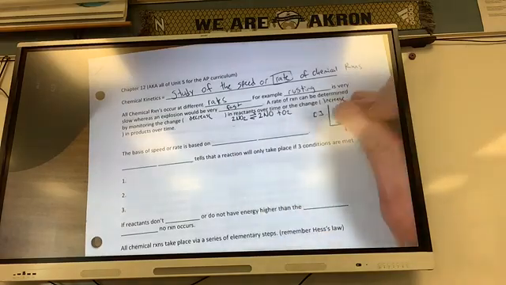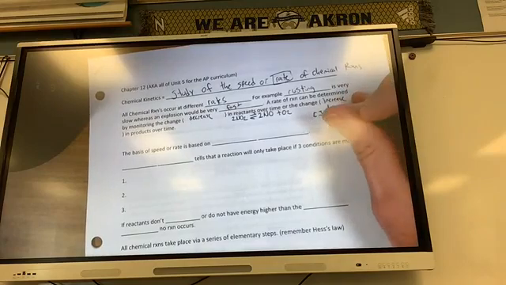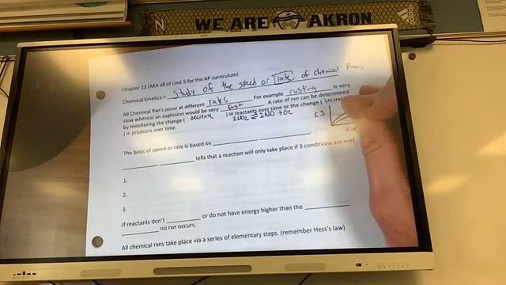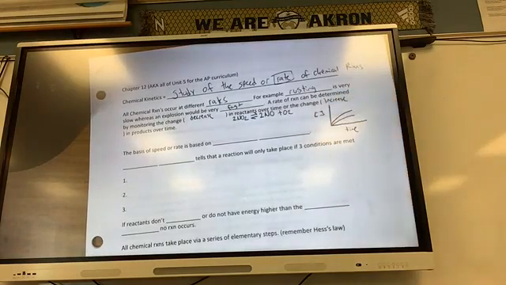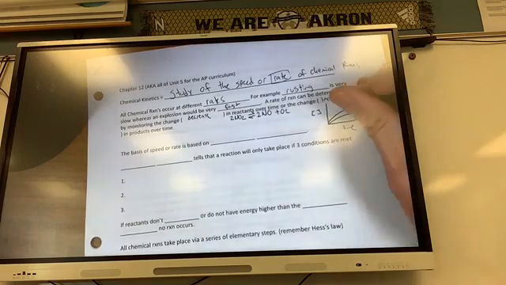No. So I'm going to draw one line here, and one line here. Which one is NO and which one is O2? They're different because you're making double the amount of NO compared to O2. Okay, so this is NO, and this is O2.